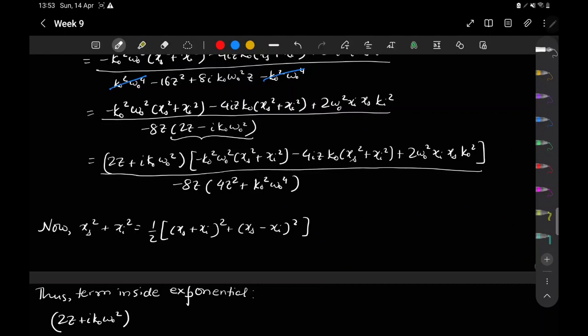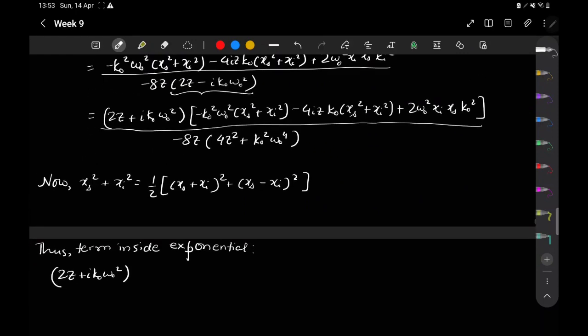So this part, then here this is what we will make the substitution for, this part and this part.